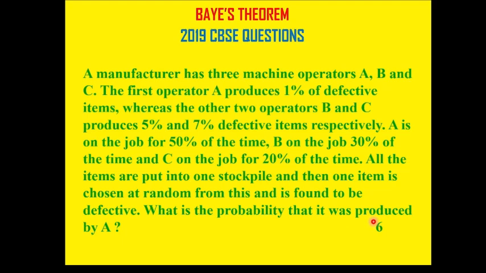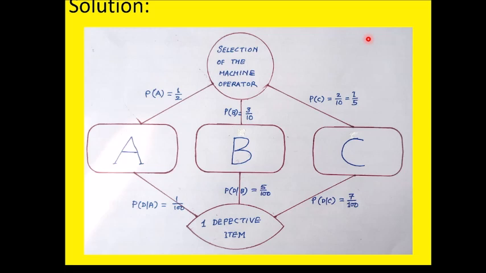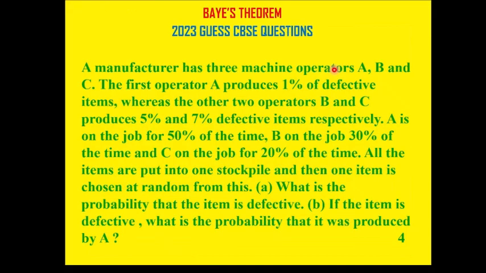Again, another question of 2019, in which we have three machine operators A, B, C, and I have made it a 2023 guess question. I am making it into two parts. So the diagram goes like this. Selection of the operators. Why 1 by 2? You know why 1 by 2?